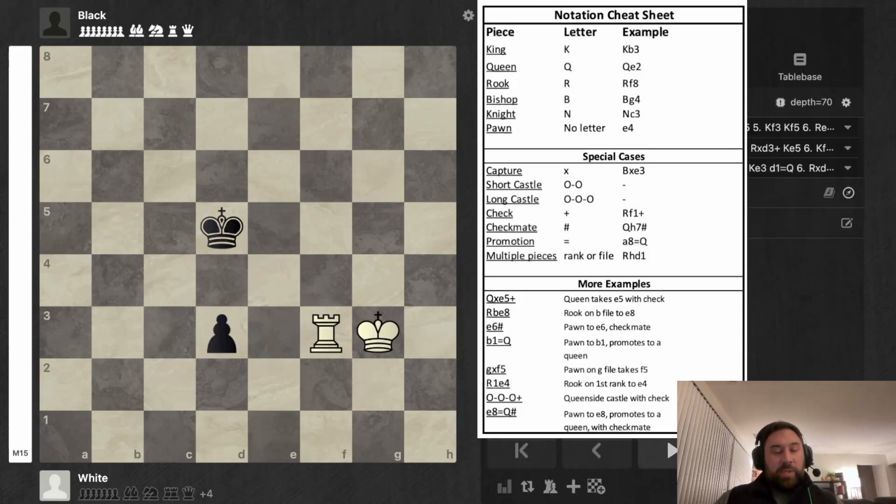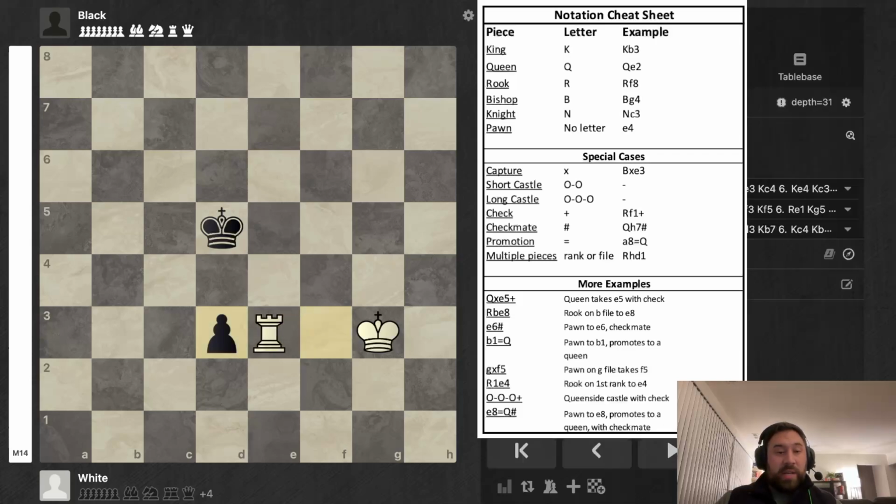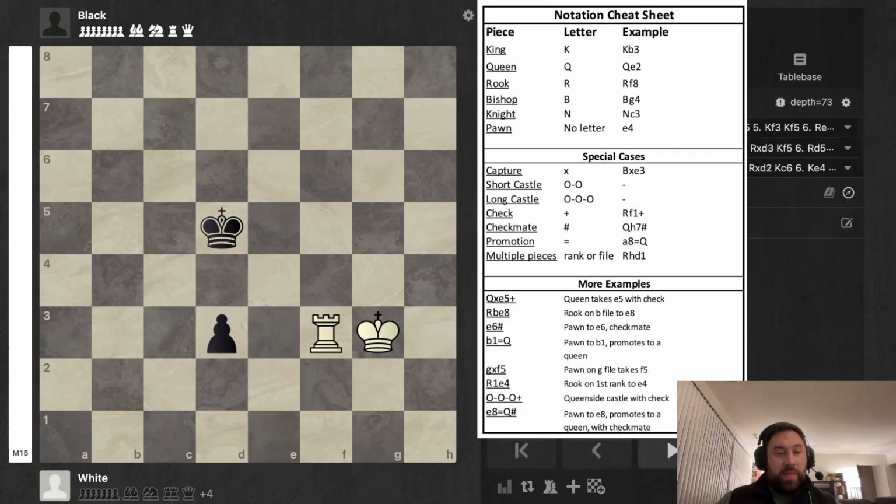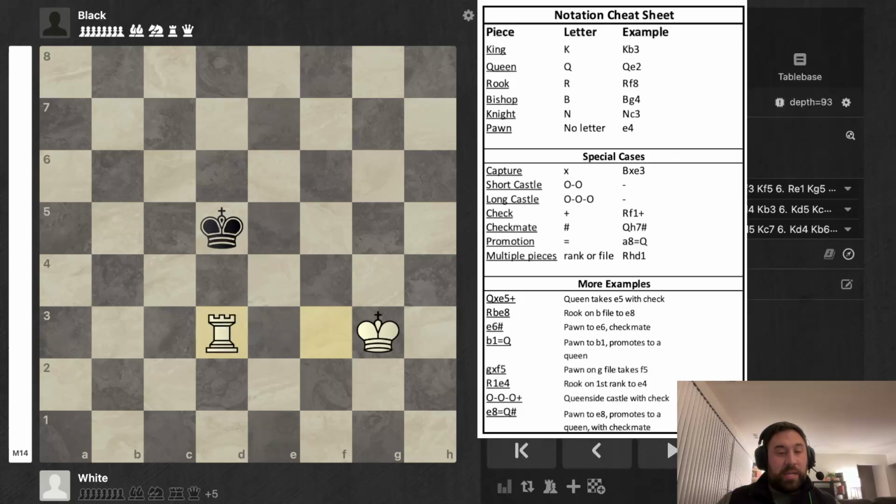So hopefully you guys were able to catch that. So rook takes D3, right? Because there was a pawn there, the rook captures it. So RX D3, this is also check to the black king. So we have to include the check in there. RX D3 plus. Okay, that one might have been a little tricky. Don't forget to pay attention to all the pieces. Always look for checks as well.